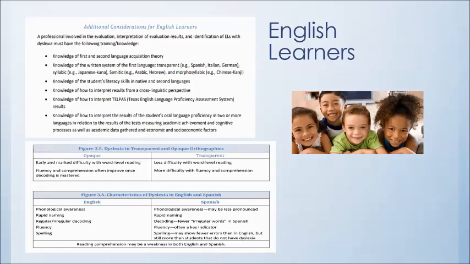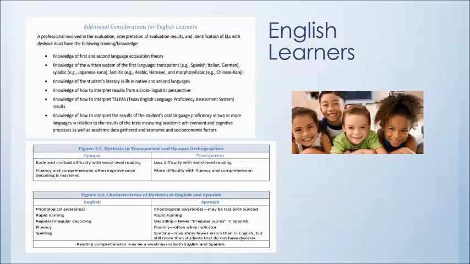This slide also denotes the difficulties amongst English and Spanish speakers. As we note here in the slide, for phonological awareness, we may have a less pronounced problem than we would in English. We also note that in decoding, there are fewer irregular words in Spanish than in English.